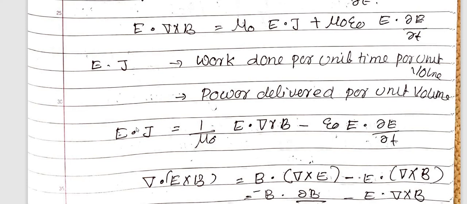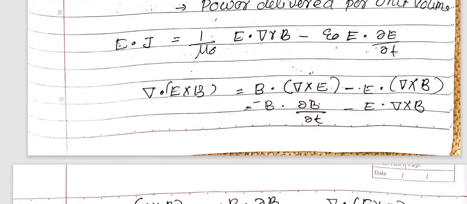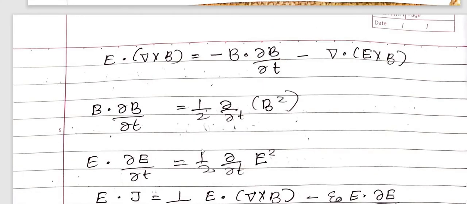Our aim is to find E dot J. So we substitute these two terms in our equation, and you will get this equation.